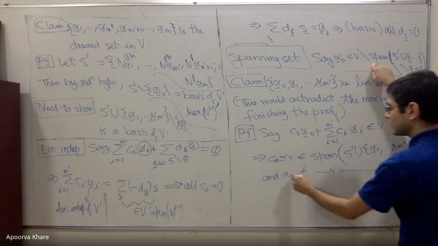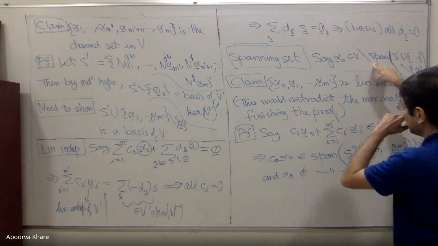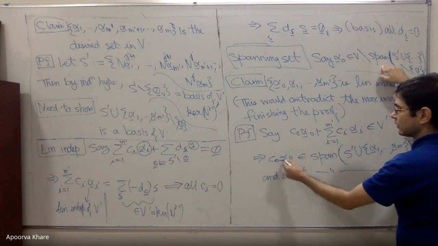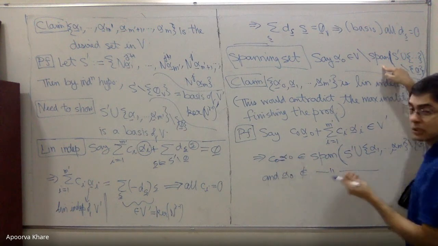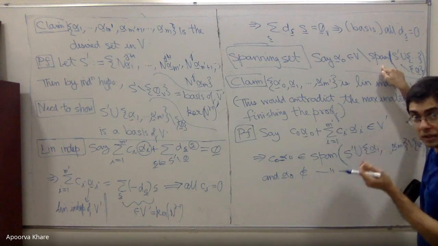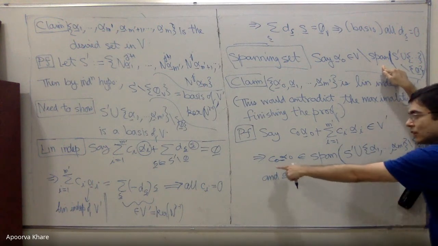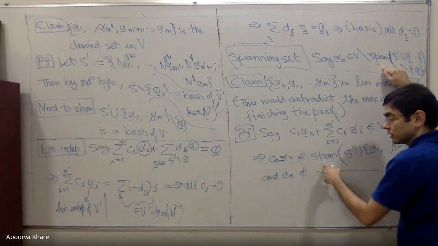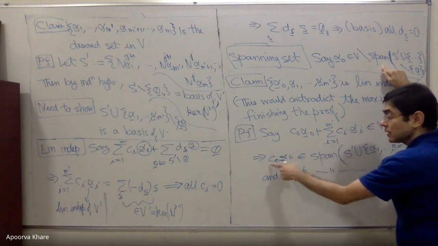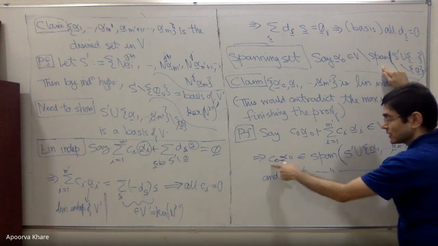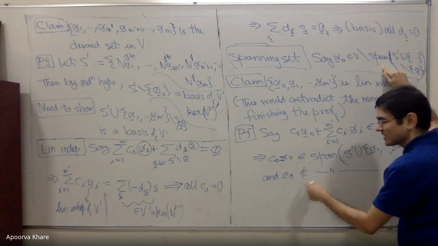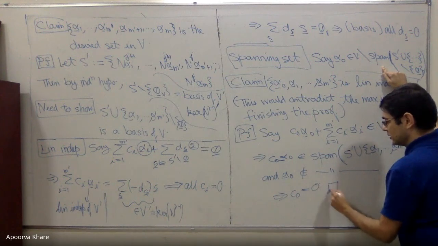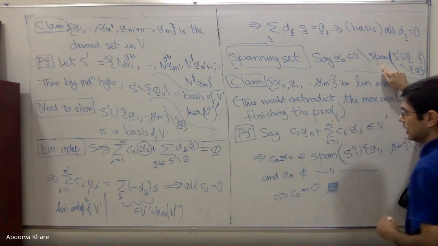So how can it be that a vector doesn't belong to this subspace, but a scalar multiple of that vector belongs to the subspace? The subspace is closed under taking non-zero multiples. So if this C naught was non-zero, then I could multiply by C naught inverse and get that alpha naught belongs here. That's a problem. The only scalar C naught such that C naught alpha naught belongs to a span and alpha naught doesn't is the zero scalar.